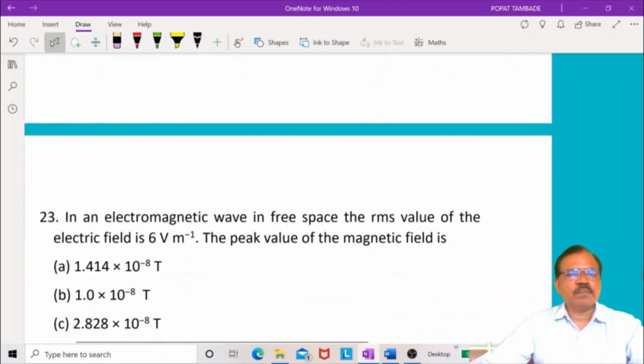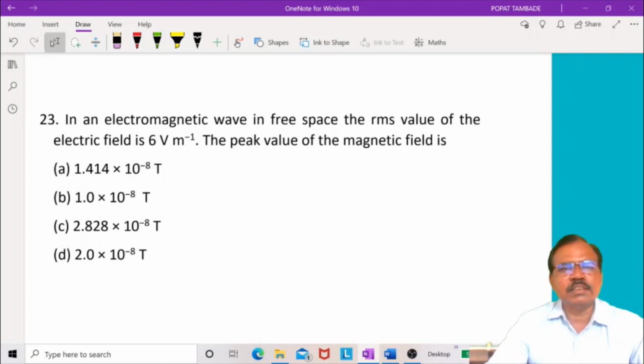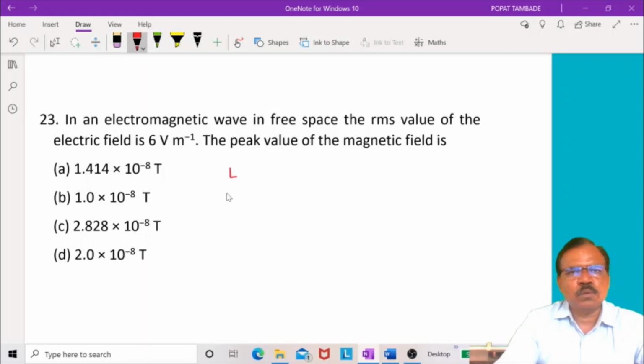Now next one: in an electromagnetic wave in free space, the RMS value of the electric field is 6 volt per meter. The peak value of the magnetic field is, we know, E0 upon B0, it is c.